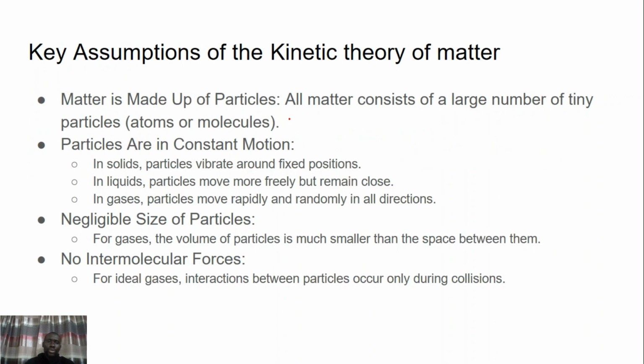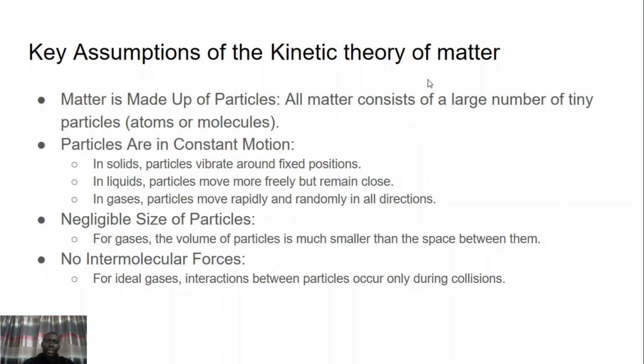There are key assumptions of the kinetic theory of matter. Assumption number one is that all matter is made up of particles. Like I said in the previous slide, the particle that a matter is made up of depends on the matter we are talking about.